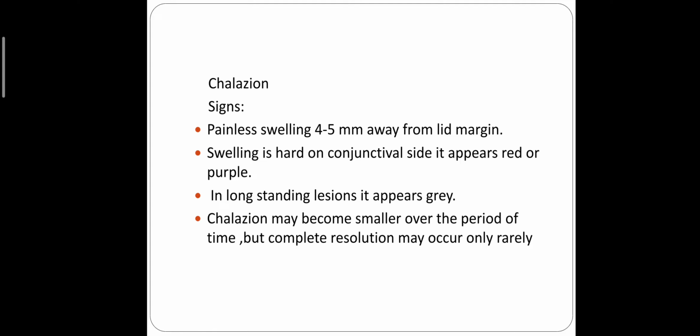So what is the course of the chalazion? Over time it can become small, or very rarely they can resolve, but complete resolution may rarely occur. Sometimes they liquefy to form a thin fibrous sac called a meibomian cyst. Sometimes they get fibrosed, they form a hard nodule, or they get calcified, and rarely they can get infected secondarily. If a chalazion gets infected, it is called internal hordeolum again.